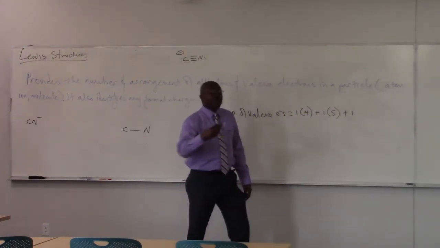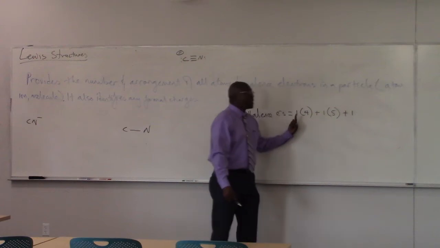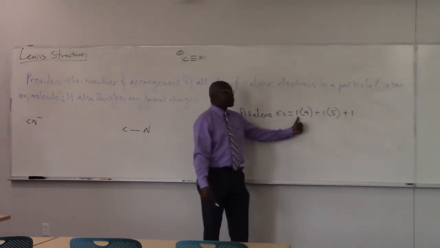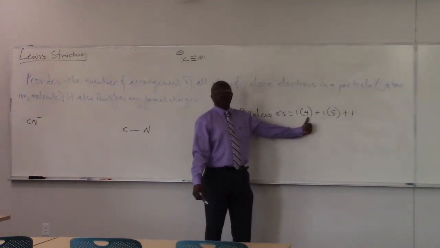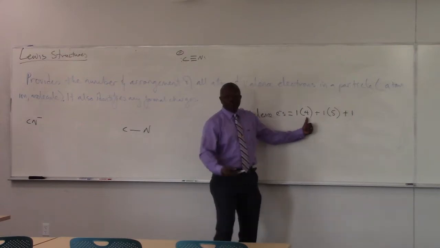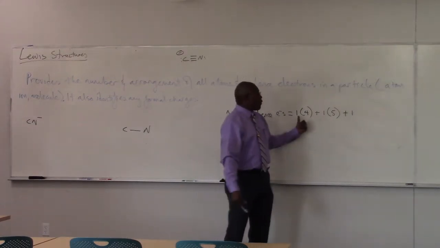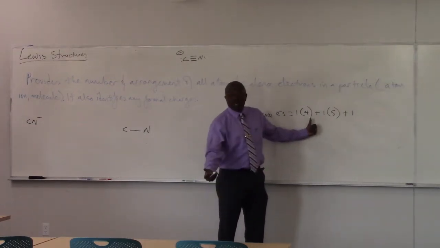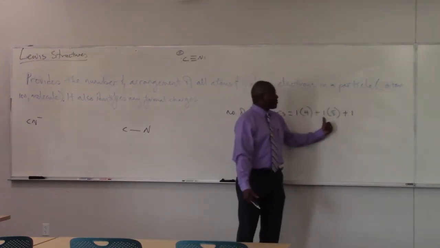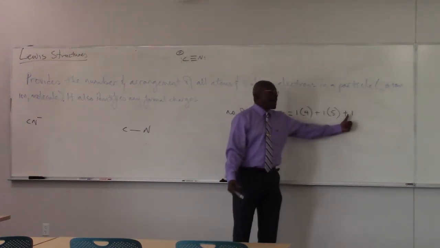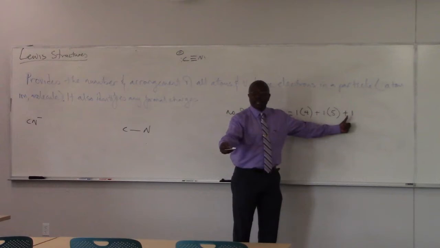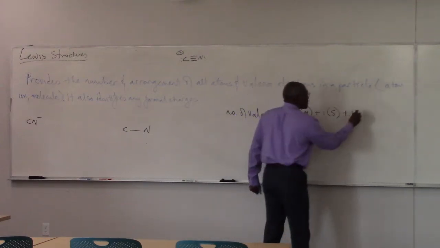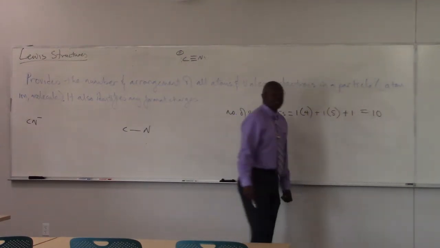So to get the number of valence electrons, I multiply the number of atoms by the group number, because that's how much they're bringing to the table. I have 1 carbon that brings 4 valence electrons, 1 nitrogen brings 5 valence electrons, and I've added an additional electron. So that gives me 10 valence electrons.